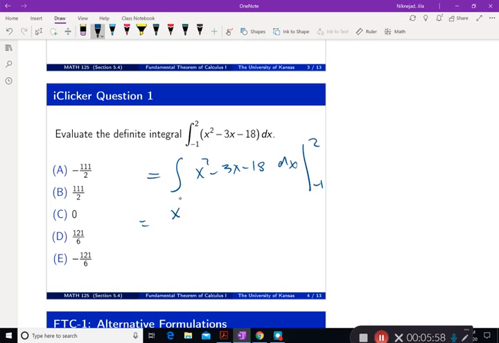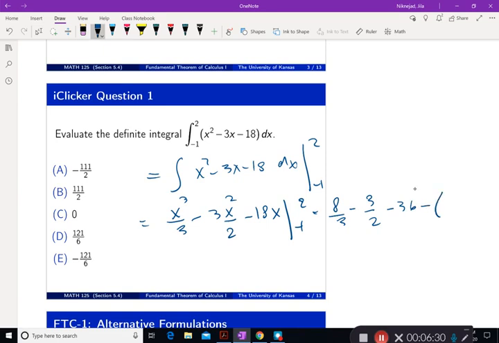The antiderivative is going to be x to the power 1 more divided by the new power. So x cubed over 3, then 3 is the coefficient, x to the power 2 divided by 2, then 18x, from -1 to 2. If I plug in 2, it would be 8/3 minus 3 times 4 divided by 2, which is 3/2, minus 18 times 2, 36.